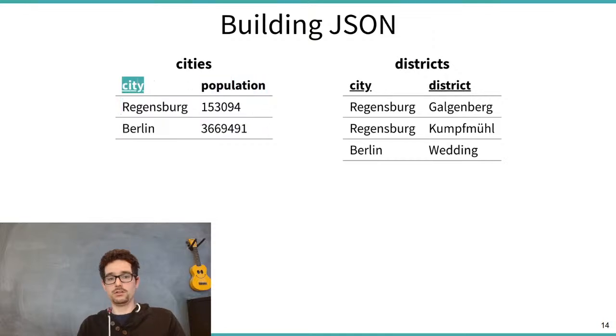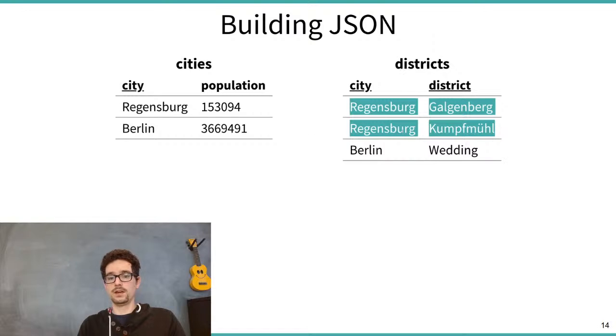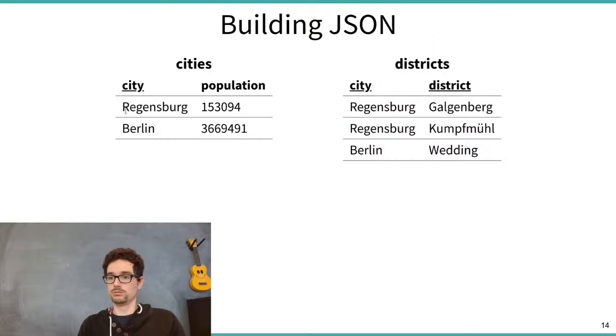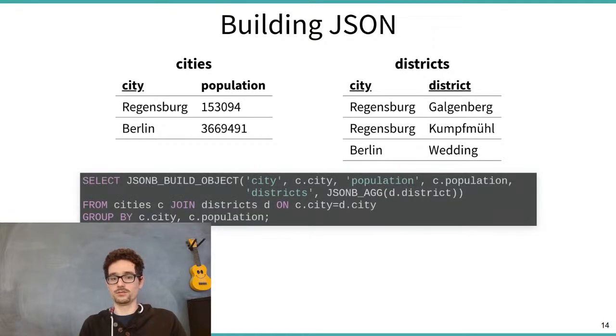Each city has n districts, and each district belongs to exactly one city. Let's store this information as JSON. I join the two tables, cities and districts. On city is city and district is district.